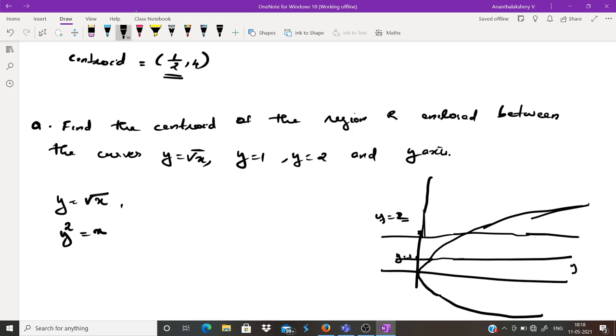This is the graph of y equal to 1, y equal to 2 and the y-axis. This is the graph of y equal to root x.